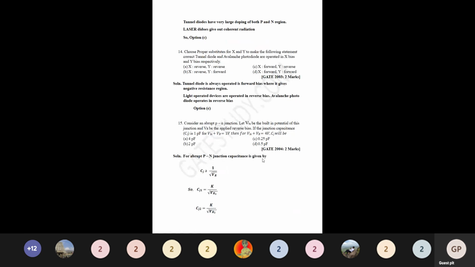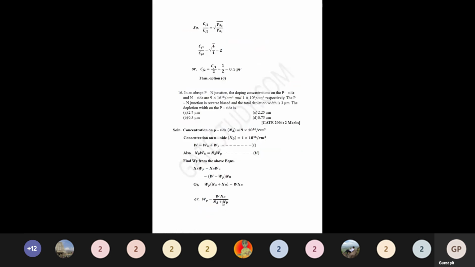For an abrupt PN junction diode, the capacitance Cj is directly proportional to 1 by root of VR. Cj1 is equal to k divided by root of VR1. Cj2 is equal to k divided by root of VR2. Now the ratio Cj1 by Cj2 is equal to root of VR2 by VR1. Cj1 by Cj2 is equal to root of VR2 by VR1, where VR2 is 4 and VR1 is 1. So root of 4 by 1 is 2.